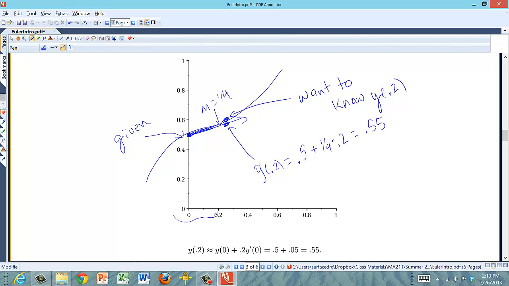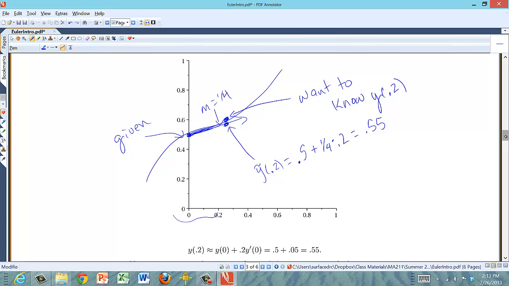Okay, so my tangent line at time 0.2 has value 0.55, and the whole idea of differential calculus is that this tangent line stays pretty close to the curve near time 0, so my curve must have value about 0.55 at time point 2.